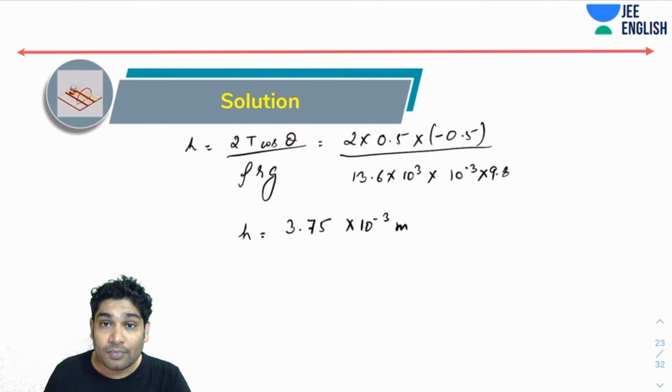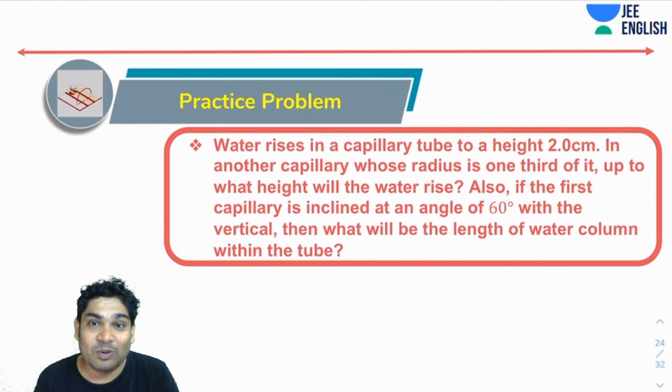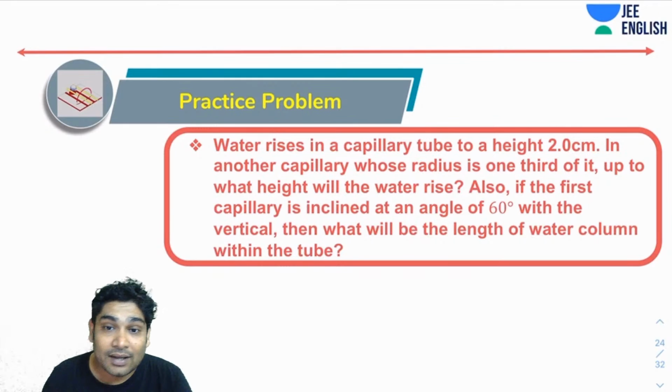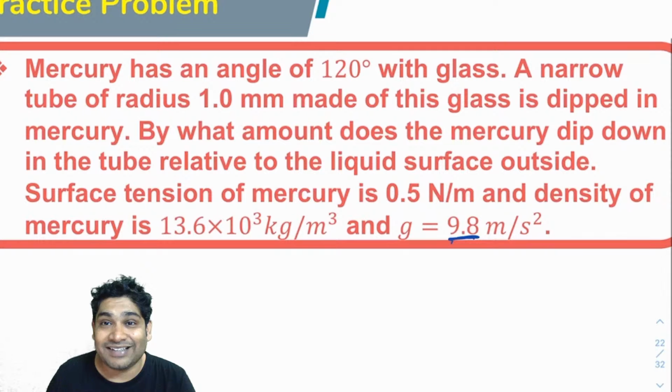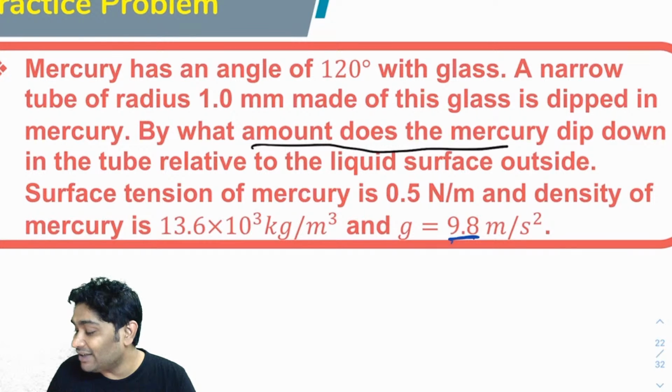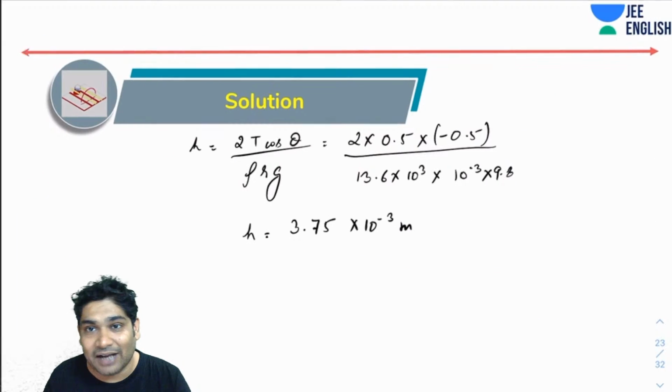Okay, so very simple again. Let's try one more problem. This problem tells you that water rises in a capillary tube to a height of 2 centimeter in another capillary. But here what has been asked? By what amount does the mercury dip down? So that is why we are presenting the magnitude only.